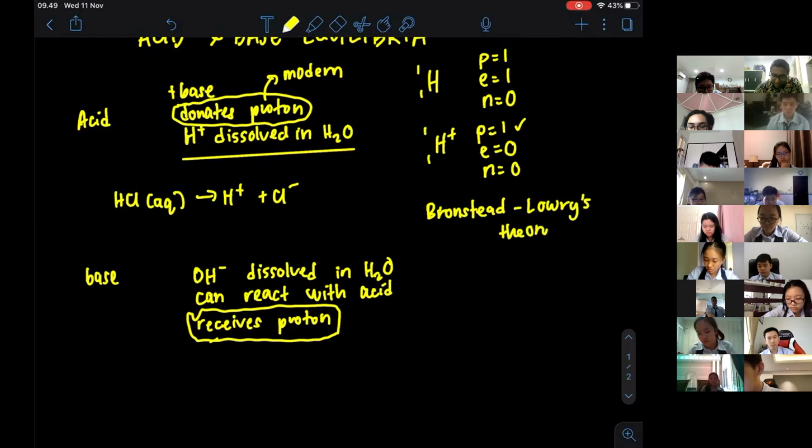Now, there are so many other theories, but it's not important. I think giving H plus when dissolved in water was discovered by a guy called Arrhenius. Arrhenius is a guy who discovered this way long ago. Yeah, so this one, Bronsted Lowry, if you look at the textbook, they proposed this in 1923.